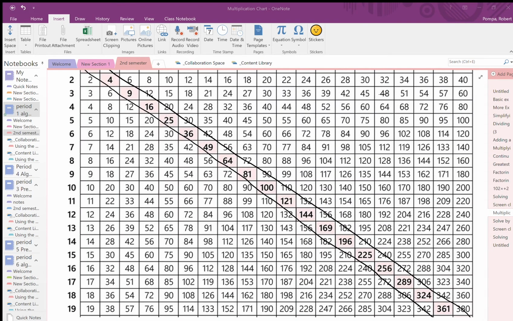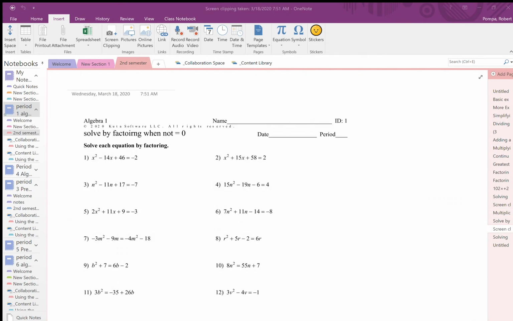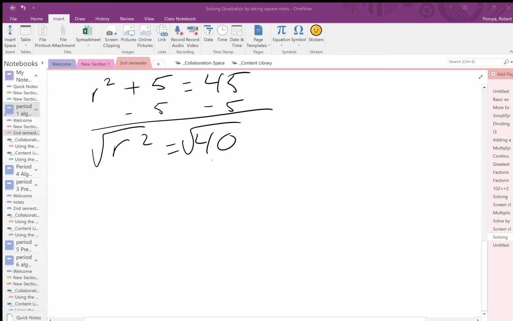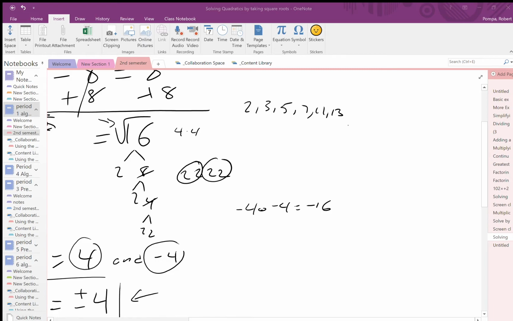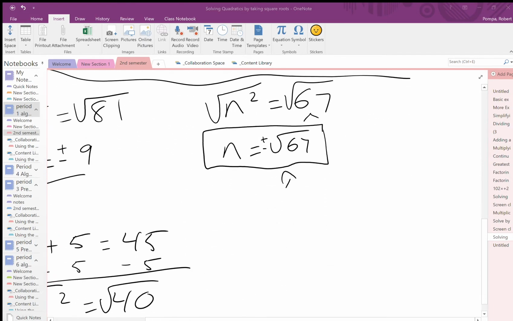Notice 40 is not on our diagonal here, so that means I got to break it down. And again, those numbers that I gave you are right here. You might want to write them down.